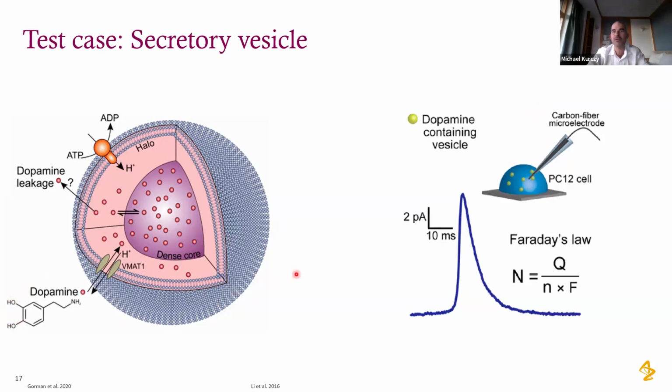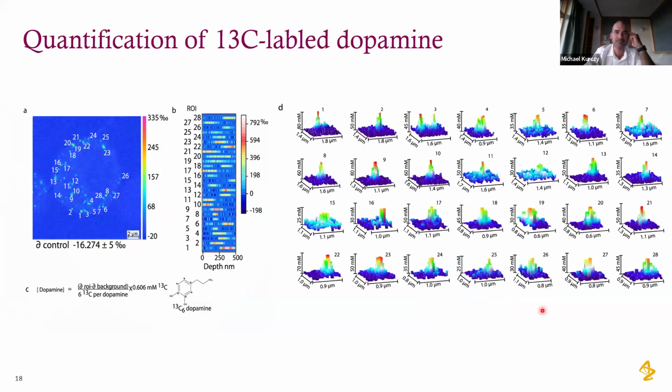You get 2 electrons per molecule, and that's represented by this peak. Then you can integrate that peak, figure out the charge, and figure out how many molecules are in that structure. And so we had a good estimate about the vesicles containing about 60 millimolar, or we expect to see a 600 per mil increase.